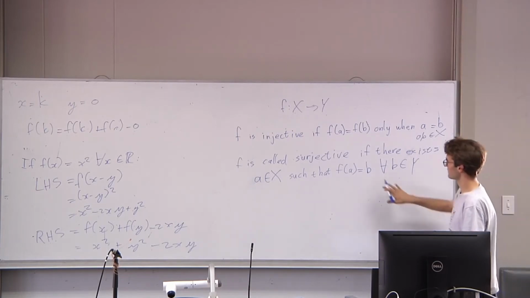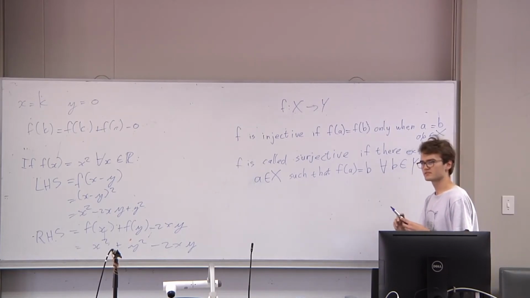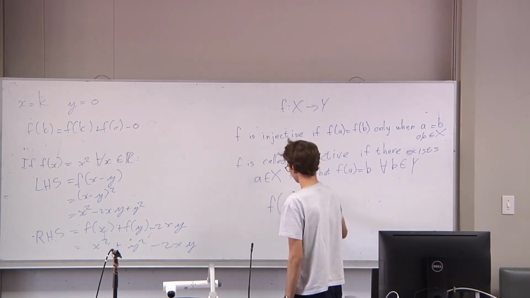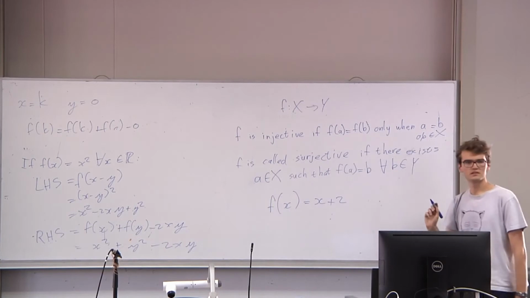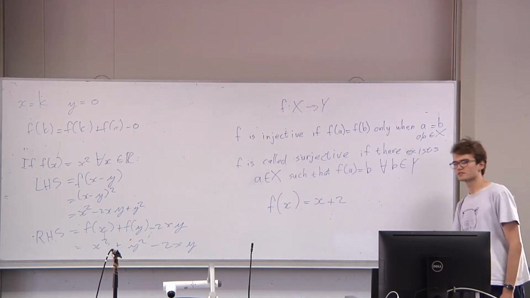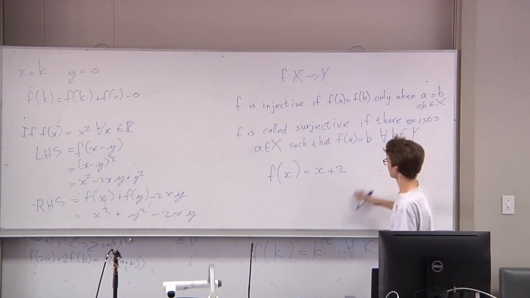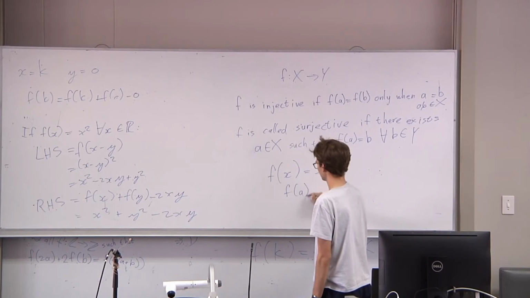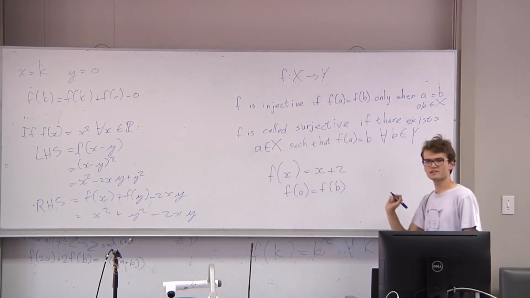So an example of an injective function would be f of x is x plus 2. Suppose that there exists some a and b such that f of a and f of b are the same thing.